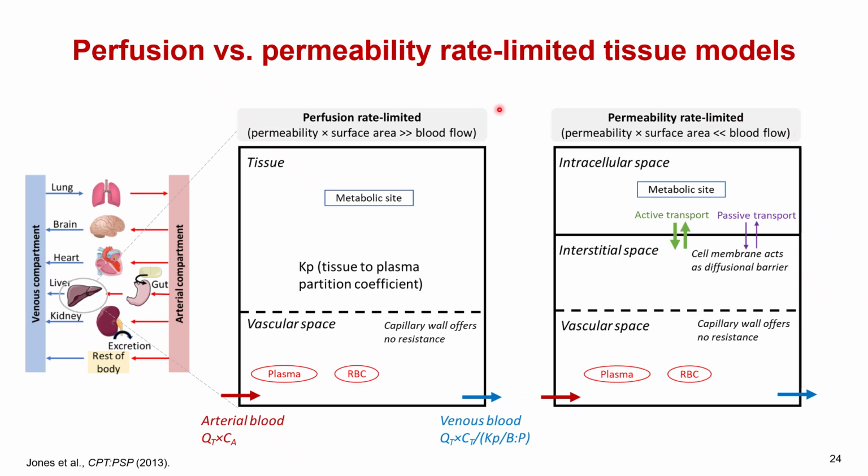So whichever of these parameters, the permeability surface area product and the blood flow, is less determines whether they are rate limiting or not. And they are different because in the perfusion rate limited model, the transport between the intracellular and the interstitial space is not accounted for.